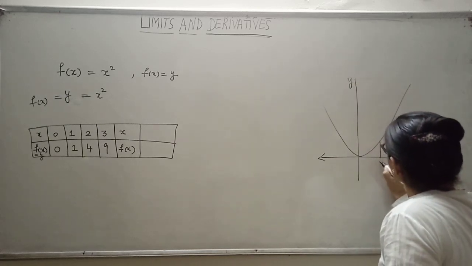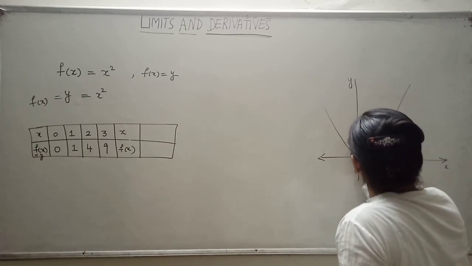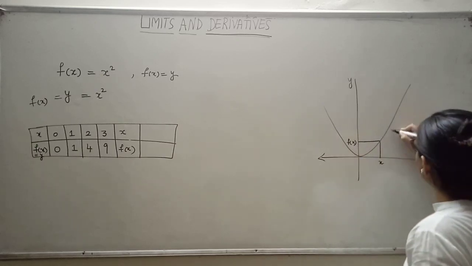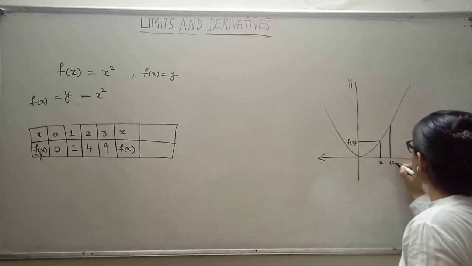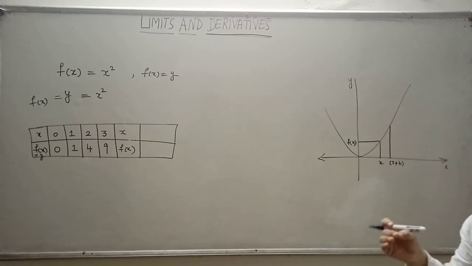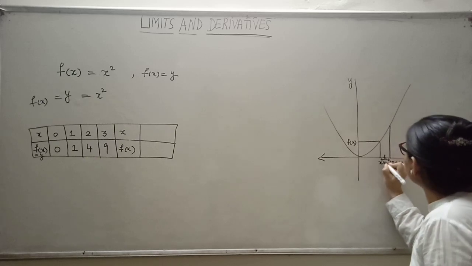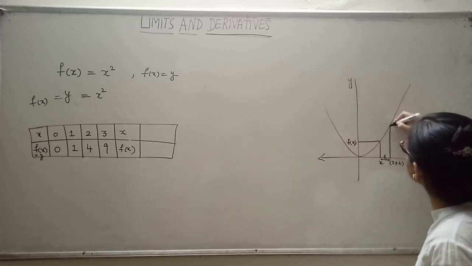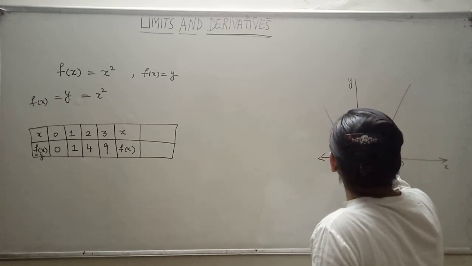If it is x, then its corresponding value is here, f(x), you can see. And if this is x plus delta x, plus h, suppose x plus h, this is your h. So what would it be? x plus h. Ultimately there will be change in this also.